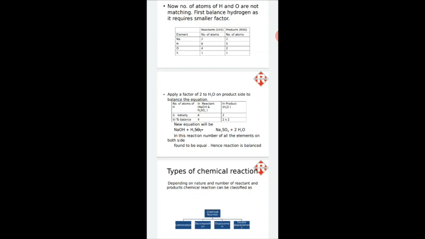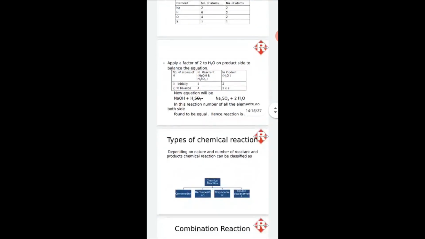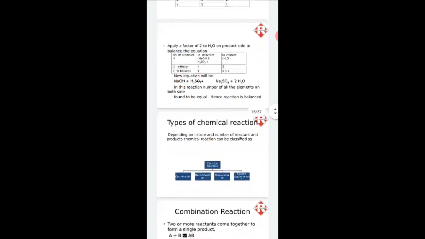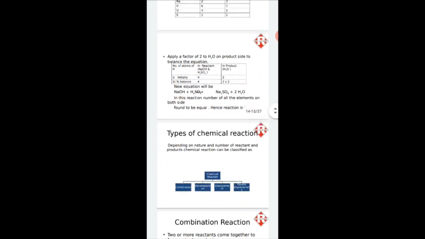So we make it balanced. So the new equation we get here: the 2 is not written, but still we have balanced it, so the 2 is here. 2NaOH plus H2SO4 gives Na2SO4 plus 2H2O. Now in this reaction, the number of all the elements on both sides is found to be equal. Hence this reaction is balanced.